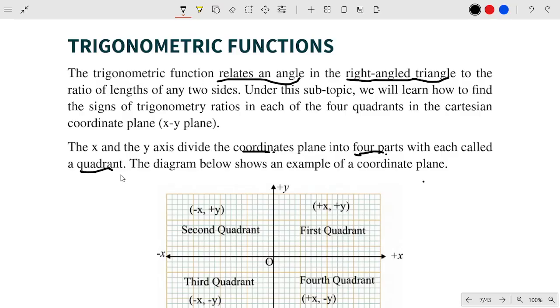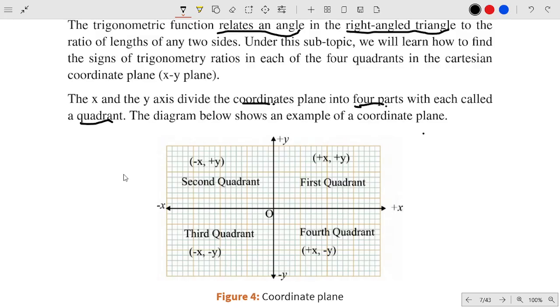So this is how it looks. We have the y-axis being the vertical axis, and the x-axis being the horizontal axis. These two divide the plane into four regions, and each of them is called a quadrant.